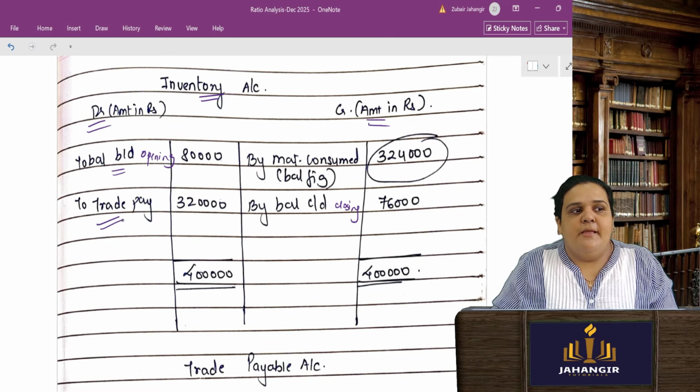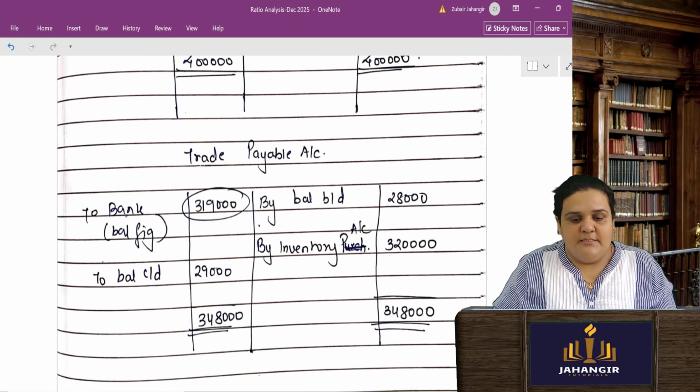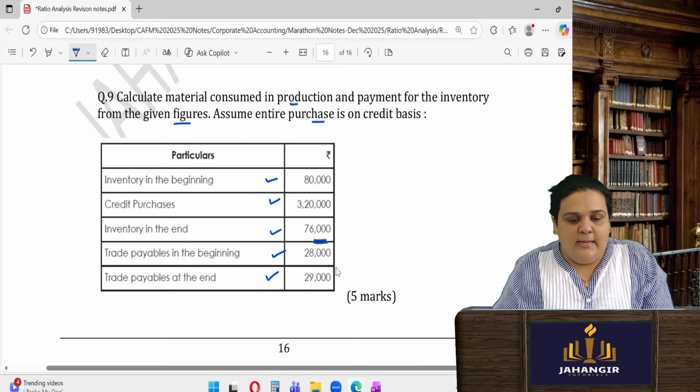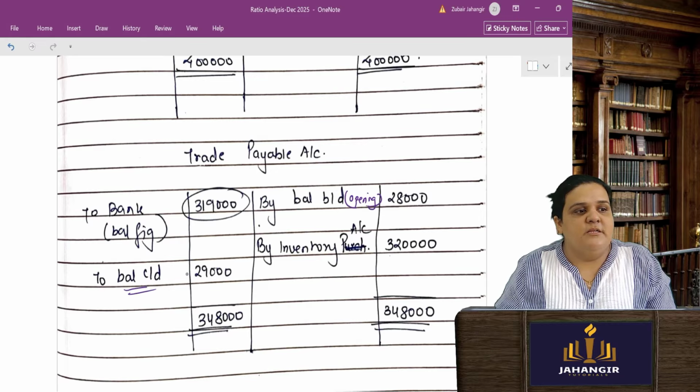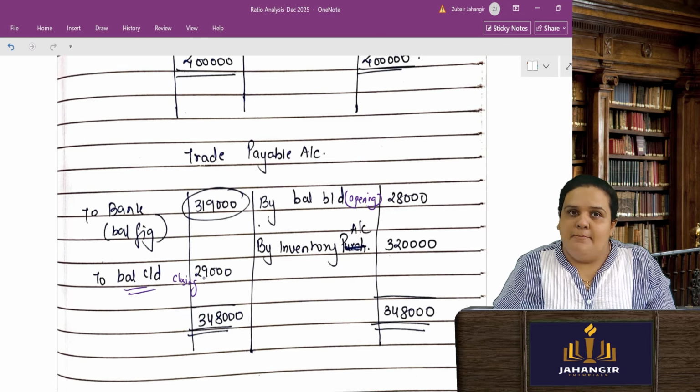Now we'll make a trade payables account also and post the opening. Trade payables is a liability. Therefore, it will be coming as a credit side opening 28,000 and on the debit side it will be closing 29,000. Okay, so I'm just writing the opening and closing and keeping.